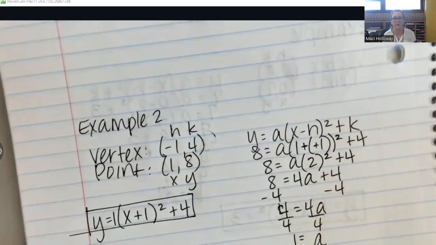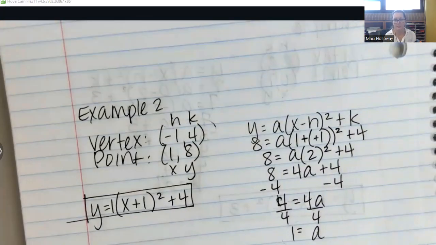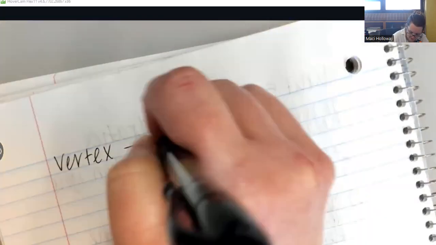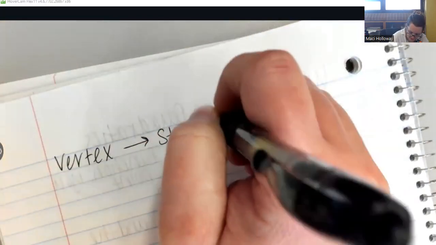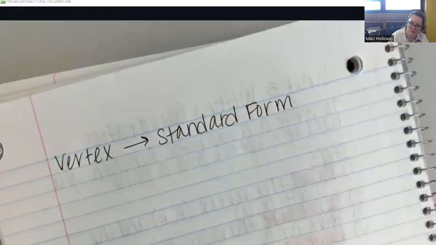But the next thing that we're going to want to do is rewrite our vertex form into standard form. I want to show you how to do that. In our notes, we're going to write vertex to standard form. Here are your steps.